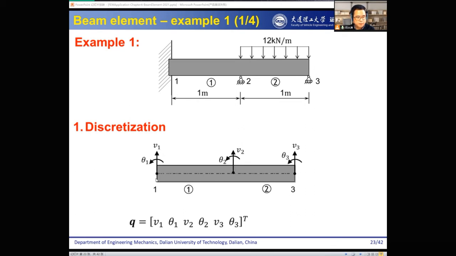So which means for each node we have only 2 degrees of freedom. So for node 1 we have V1, theta 1, node 2 we have V2, theta 2. V is the deflection, and then we can work out the displacement field matrix for the entire structure, for the whole structure.